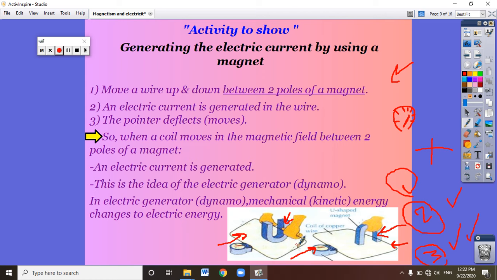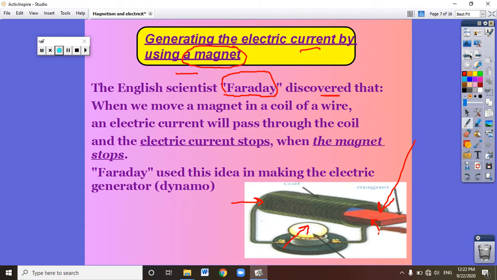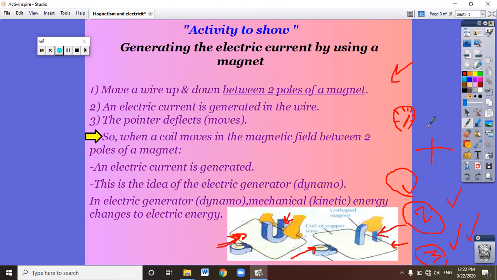So we have two shapes of the magnet. This is one shape, and this is the other shape. This shape of the dynamo, we call the small dynamo. And this shape of the dynamo, we call the huge dynamo.